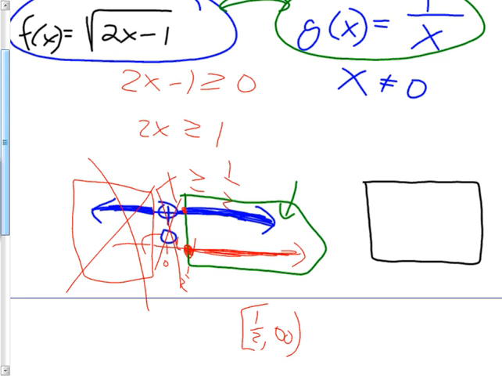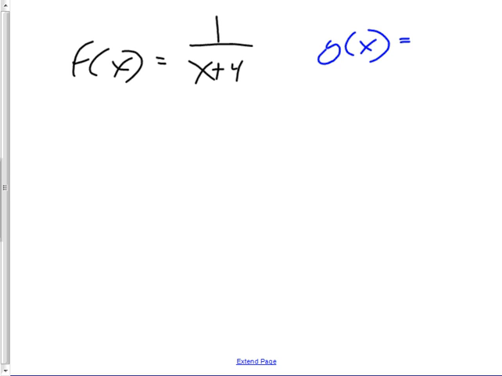All right. So here is a typical question then. I just ran through the hardest part of it all. So now let's see if you can handle it. I can give you two functions. f of x is 1 over x plus 4, and g of x is, let's make this one a square root, square root of x plus 3.